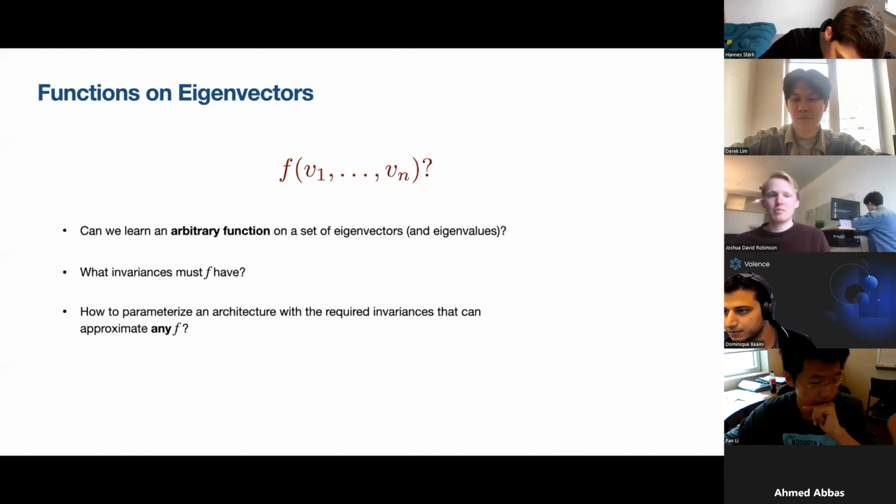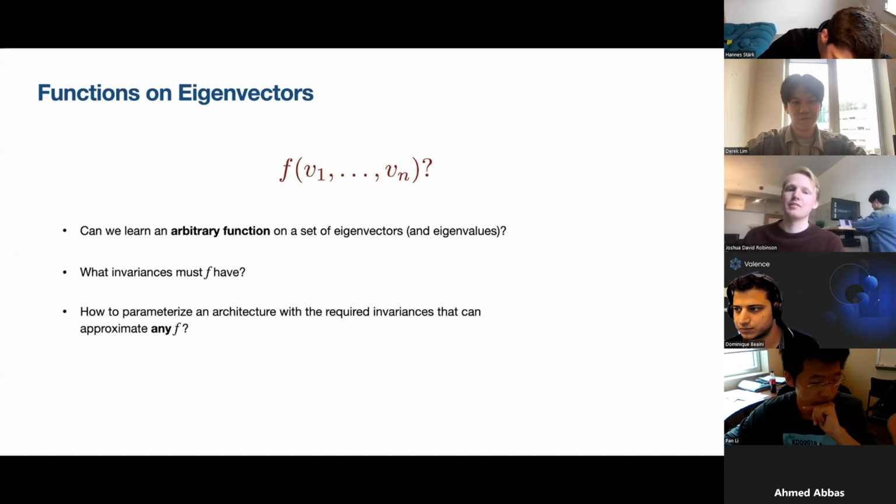So the exact problem that we set ourselves is the task of figuring out how to learn any arbitrary function on a set of eigenvectors and eigenvalues. In order to do this efficiently, we first ask the question of what invariances must a function defined on eigenvectors have due to these symmetries in eigenvectors.